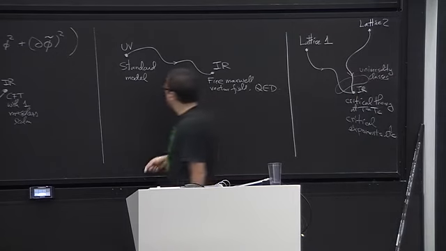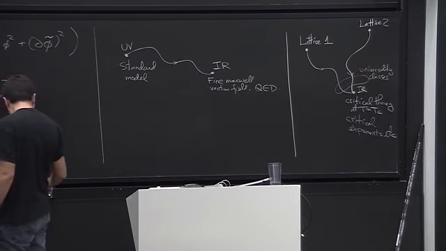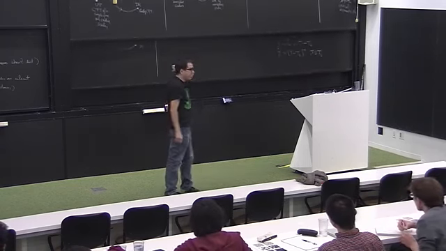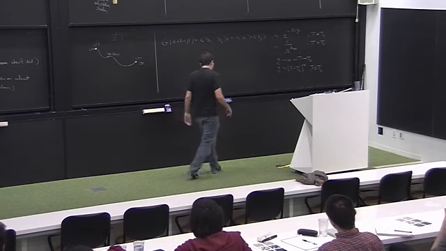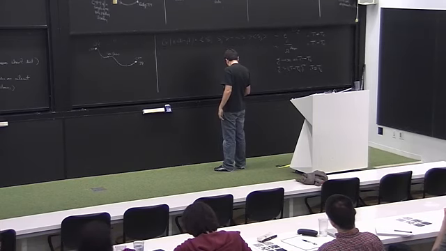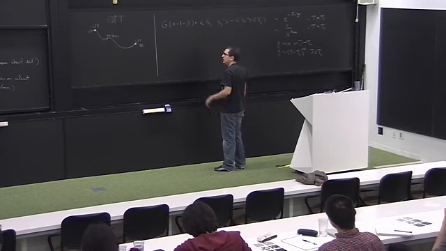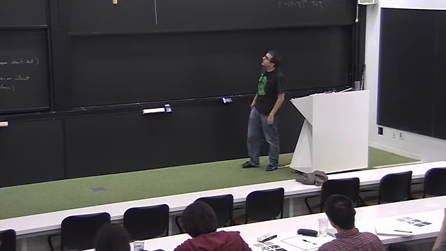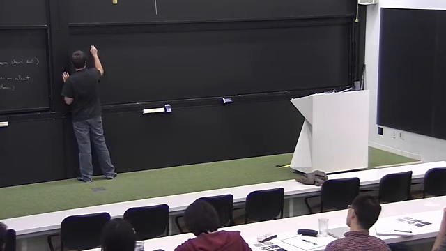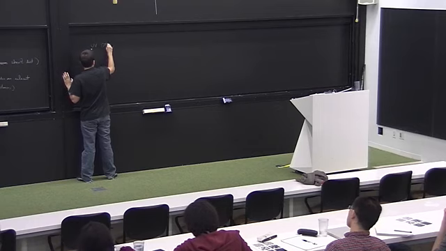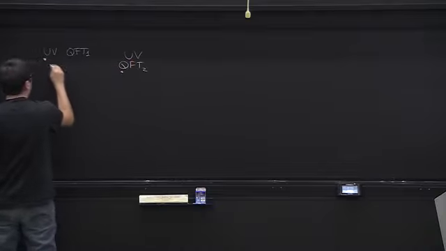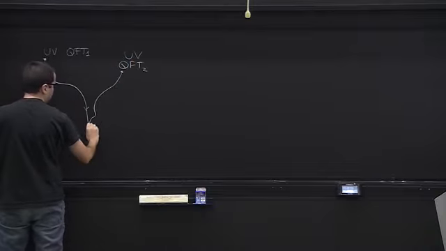That different theories, even quantum field theories, this is true also for quantum field theories. You can also have different UV quantum field theories that flow, that as you zoom out, are the same.